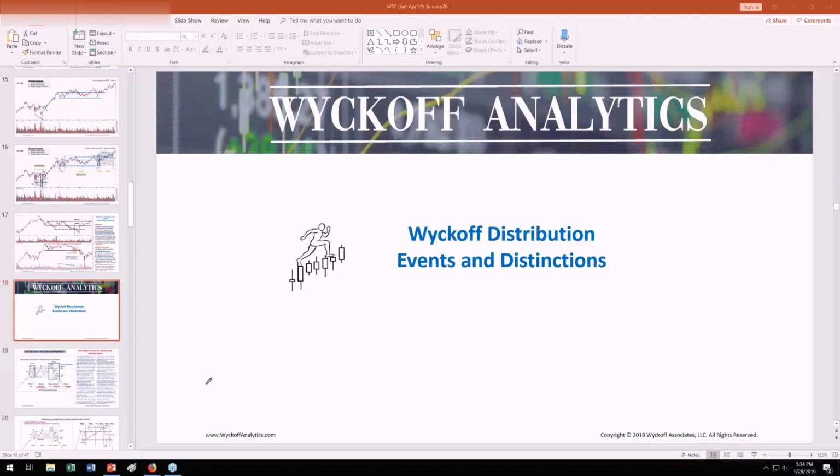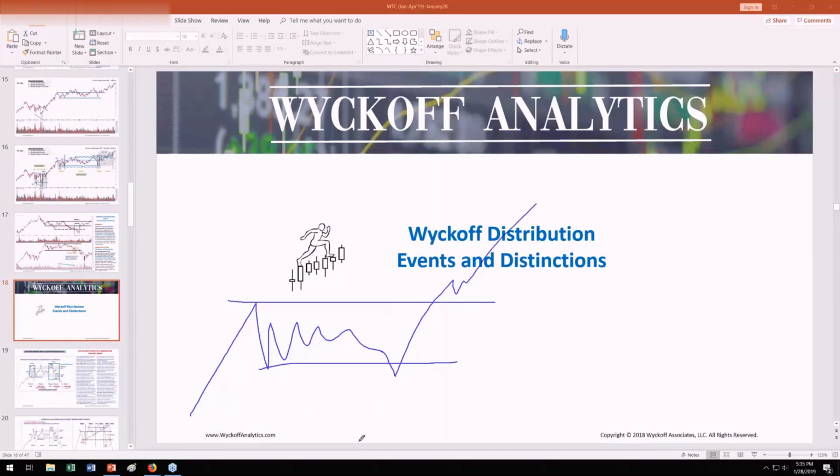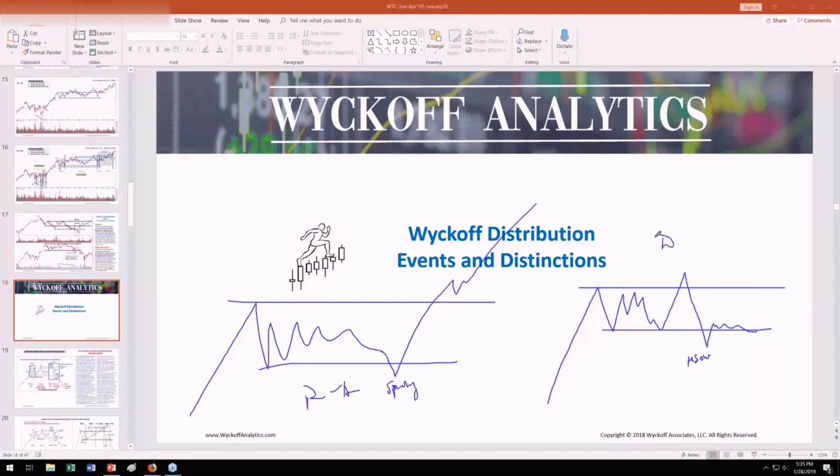The difference between a spring in a reaccumulation and a major sign of weakness in a distribution. So what's the difference? Because they're going to look the same or somewhat the same.